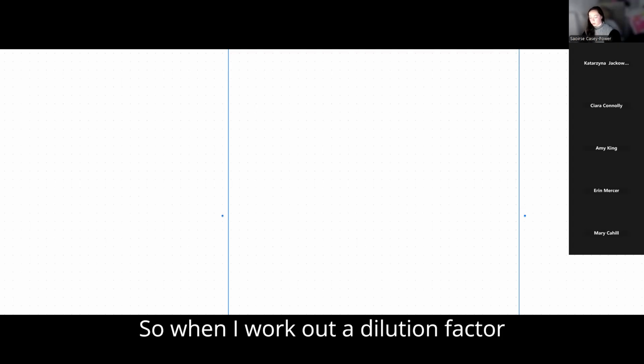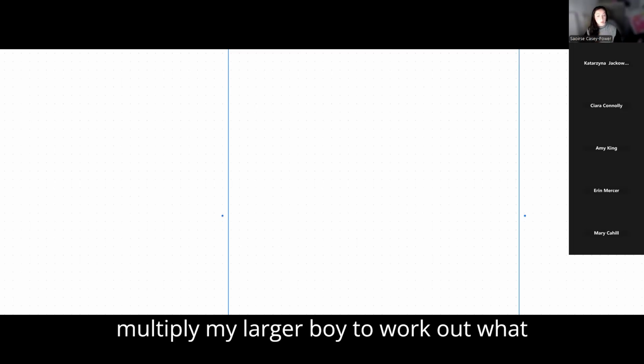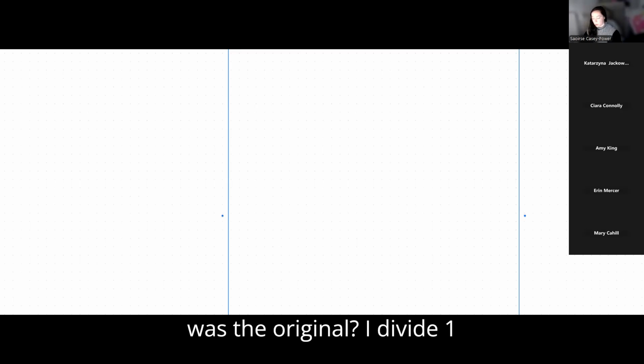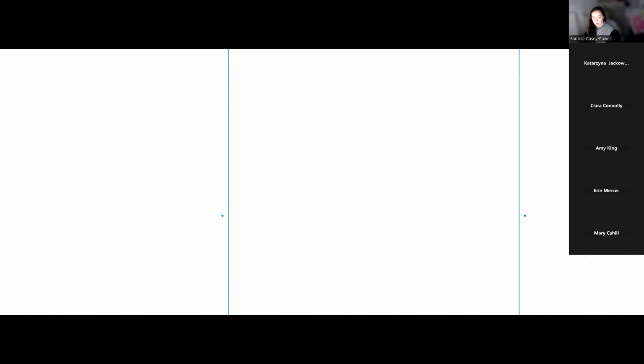So when I work out the dilution factor, what I actually have to multiply my molarity by to work out what was the original, I divide one by the other. So it'll be 250 mil divided by 50 mil.